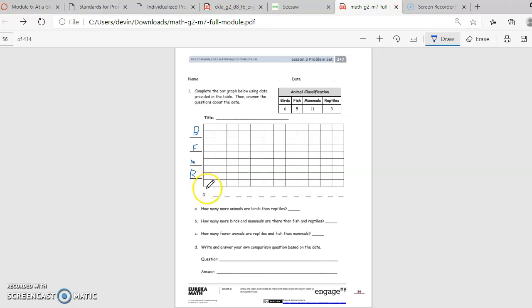Okay, when you have that, we need to fill in the numbers at the bottom. So this would be 0, so next would be 1, 2, you can go all the way to the end, fill it in until it's complete.